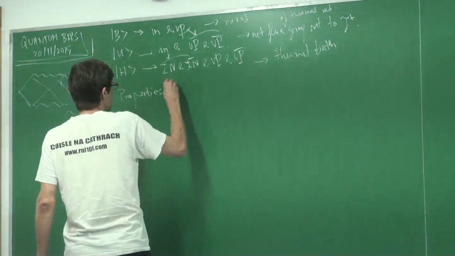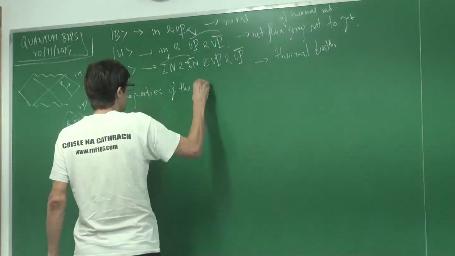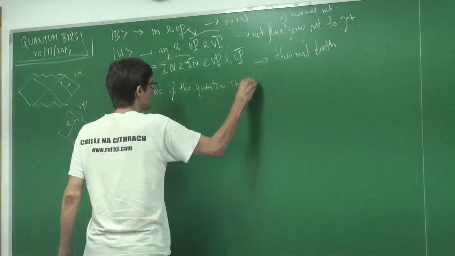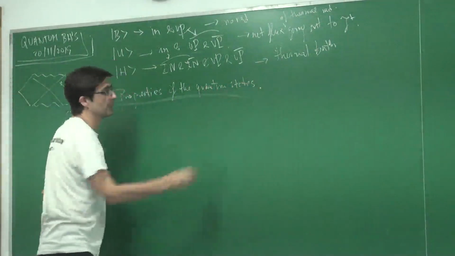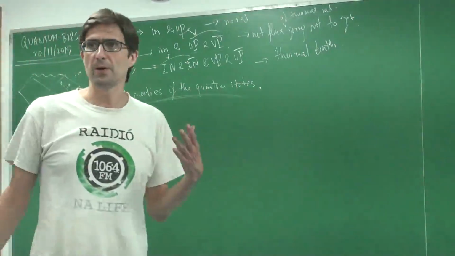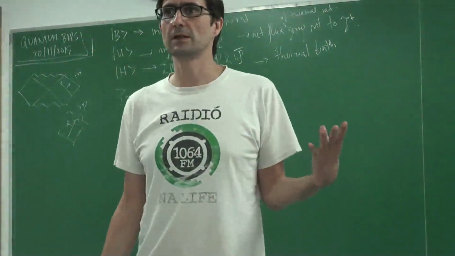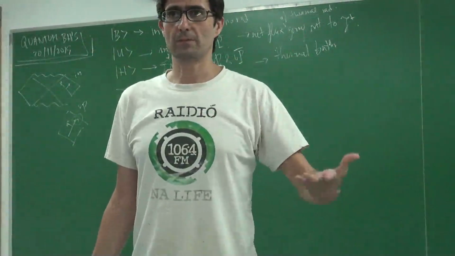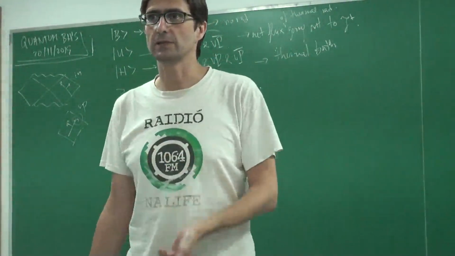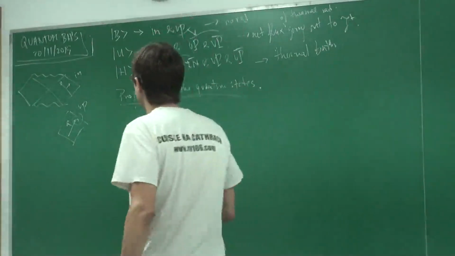Okay, so the properties of the quantum states. That's really what we'll do today and the last thing of the course. The properties are inferred from the renormalized expectation value of the stress-energy tensor in a quantum state, what we call the RSET.